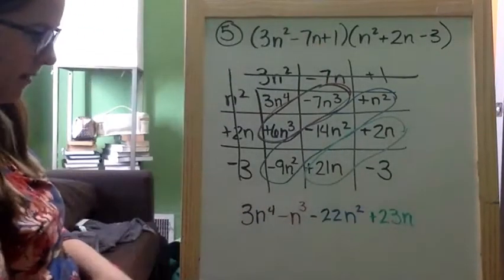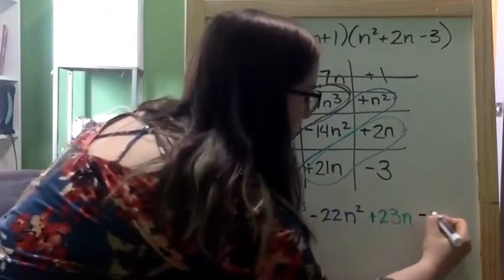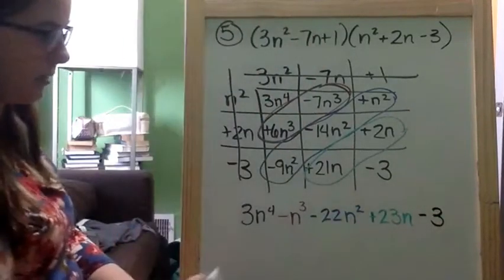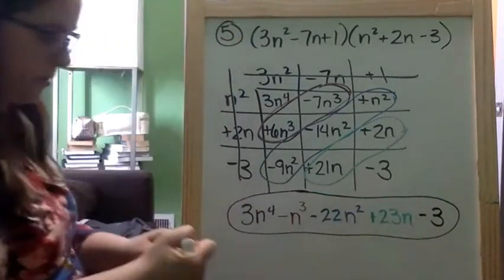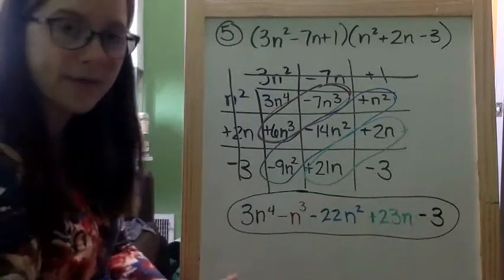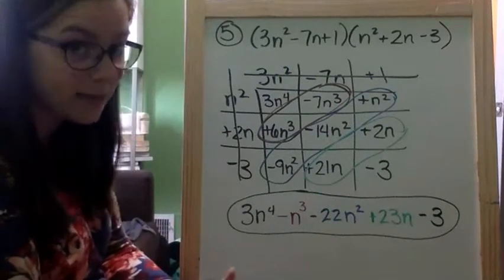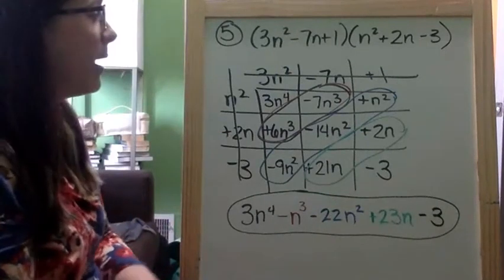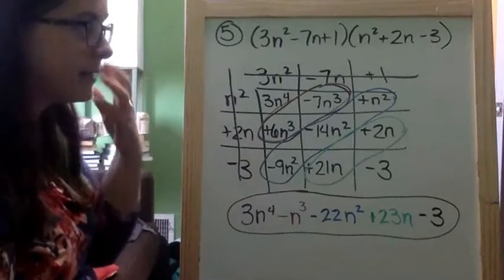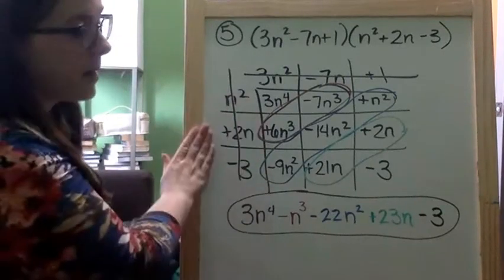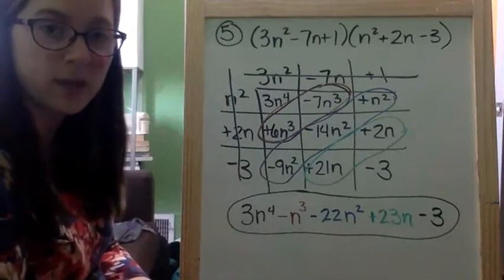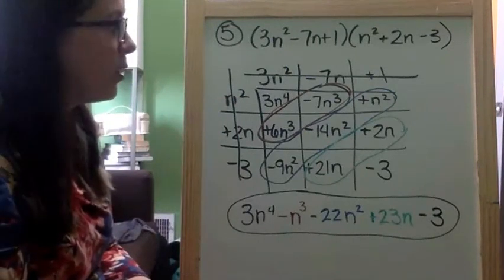And then finally, minus 3 at the end. So I know that trinomial times trinomial takes a lot of time, and it takes a lot of space on our paper. We have to be extra careful. But again, the box method is going to be your quickest way to multiply with those.